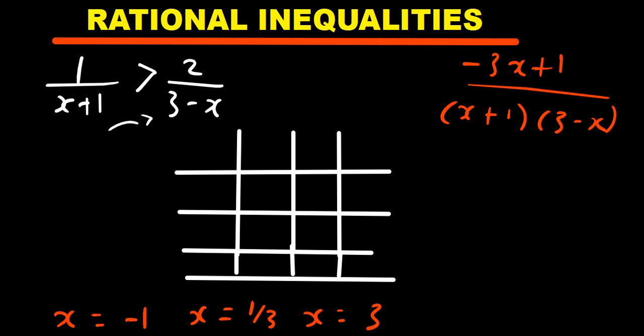The second one is x plus 1, then the other one is 3 minus x. Now the values of x: the smallest one is negative 1, then we have 1 over 3 here, then we have 3 here. The numbers that we've put down for x are called the demarcations of signs.